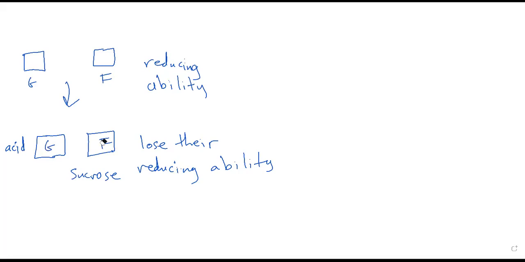Which is it? Glucose and fructose. Exactly. So first we add the acid to break the bond, then we go ahead and add Benedict's solution.